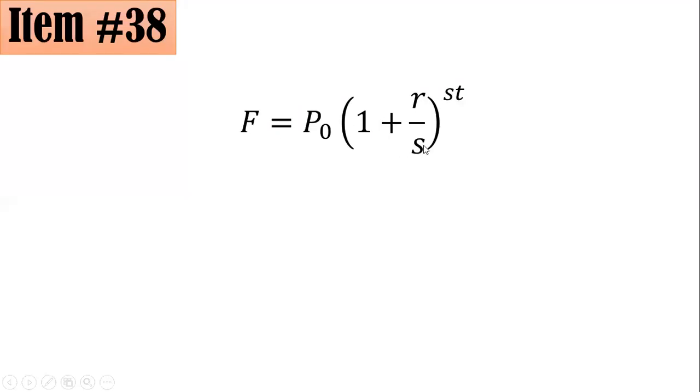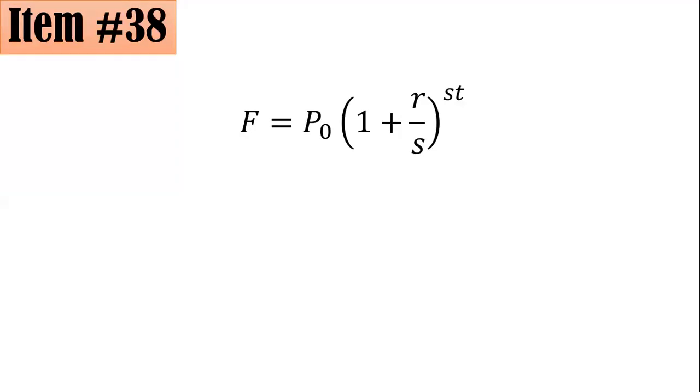If it's quarterly, what should your S be? 4. Because your S here represents the number of times it is compounded. If monthly, how many is S? Tama. So if monthly, it will be 12.